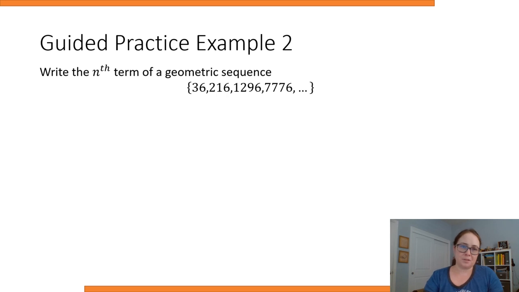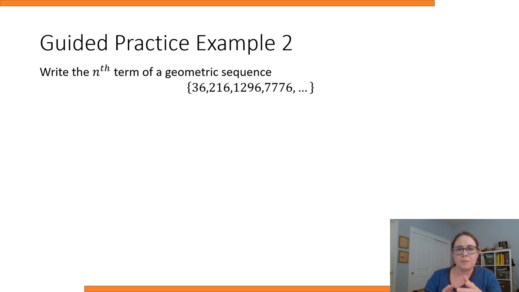So let's do an example with this one. We want to write the nth term of a geometric sequence. Now, we've been told it's a geometric sequence here, so again, you might look at this and say, gosh, that was not obvious. You can always test it out by trying to find a common ratio between a few different terms if you're not sure, and they don't tell you that it's geometric.